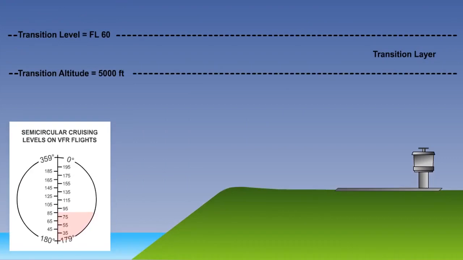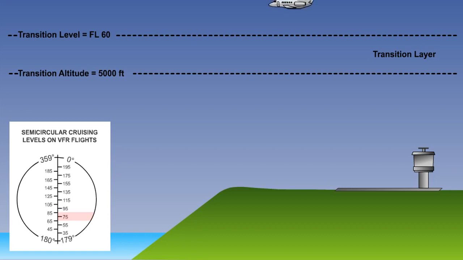However, the transition altitude in Germany is 5,000 feet, which means we do not fly at flight levels below that altitude. Therefore, flight level 35 can't be used. As the transition level is 60, flight level 55 can't be used, as it sits inside the transition layer within which level flight is not possible.